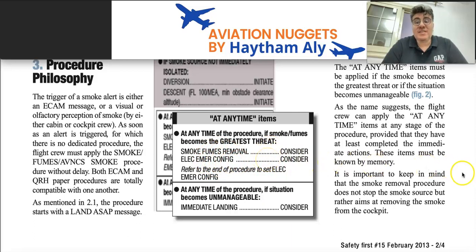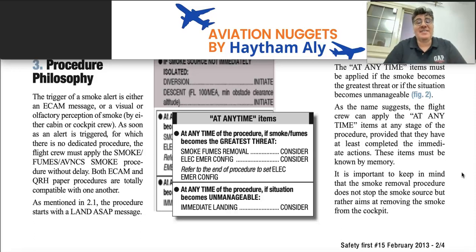Also we said that in a smoke procedure, any smoke, any fumes, any fire, land as soon as possible, and accept exceptional landing, everybody. You may land on water, ditching the aircraft. You may accept landing with a tailwind. And you may accept an off-airport landing.